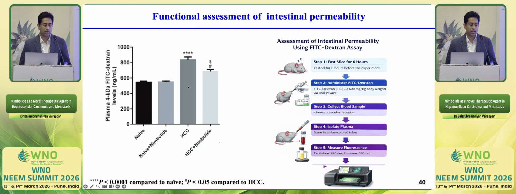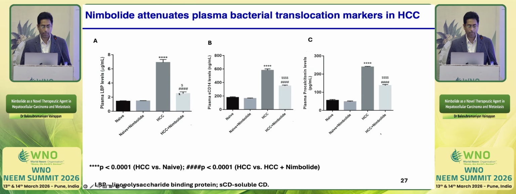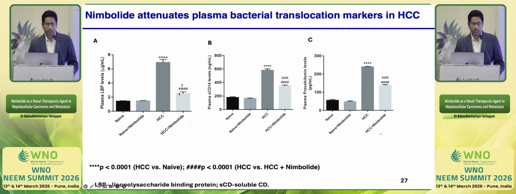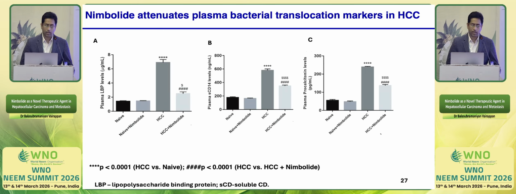So we found increased FITC-dextran levels in HCC mice, and nimbolide treatment reduced its levels. Also we looked at some of the bacterial translocation markers in HCC mice treated with nimbolide: plasma lipopolysaccharide binding protein, soluble CD14 and procalcitonin. These are the key bacterial translocation markers which are significantly elevated in HCC mice, and in those mice treated with nimbolide, the levels were significantly reduced.